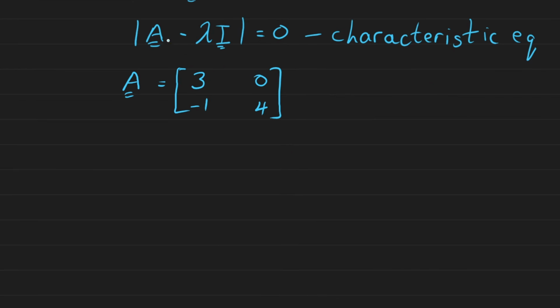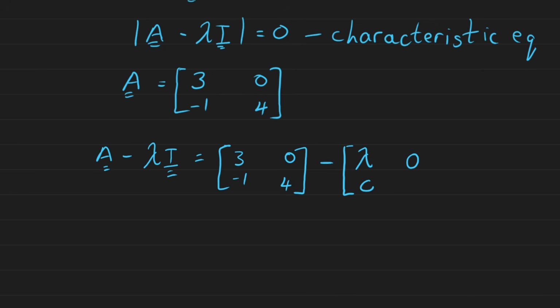So we firstly determine this term, A minus lambda I. That's going to equal 3, 0, minus 1, 4, and we're going to subtract the identity matrix I times lambda. So that will be lambda, 0, and 0, and lambda.